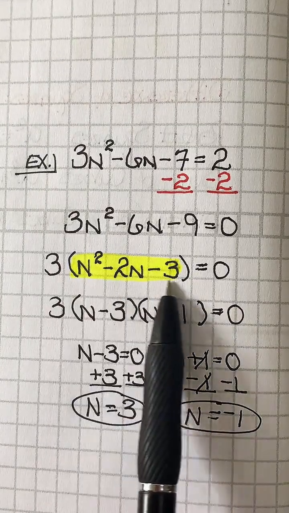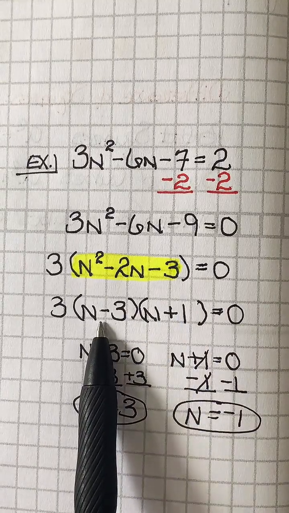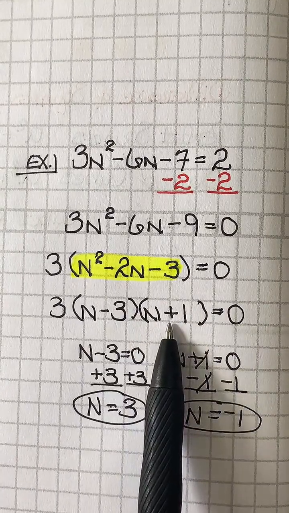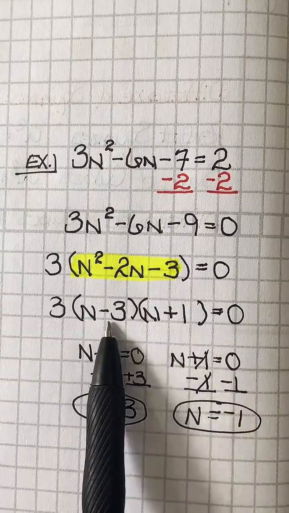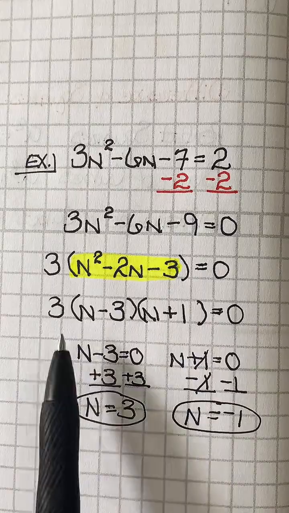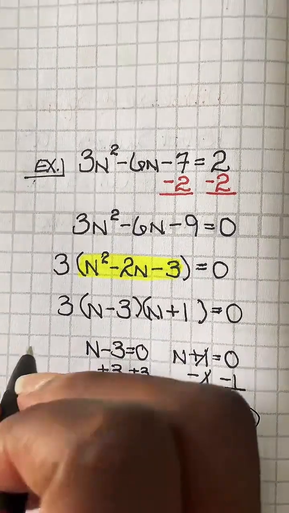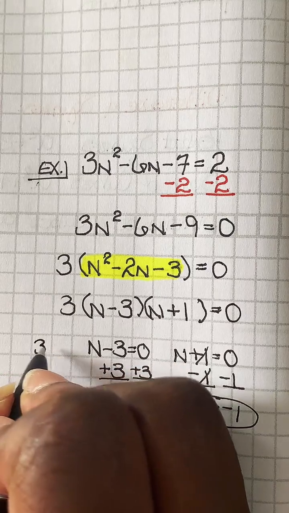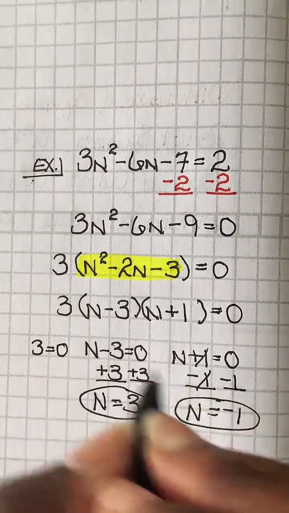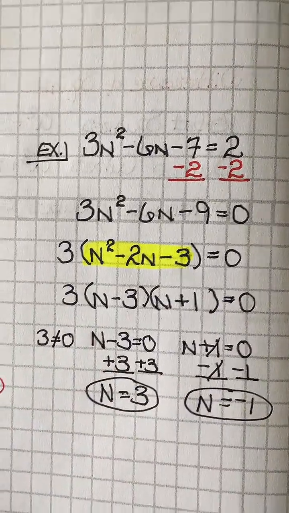Inside the parenthesis, we factored that down a little bit more, so that's how we got our n minus 3 and our n plus 1. And then we set these two factors equal to 0. Now the 3 on the outside is not going to help because we would get 3 equals 0. Now, 3 cannot equal 0.